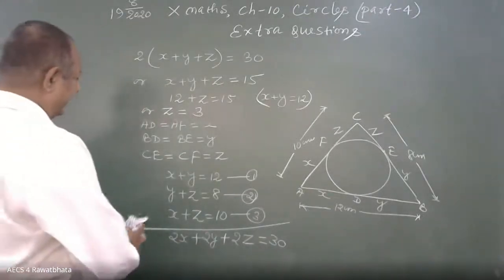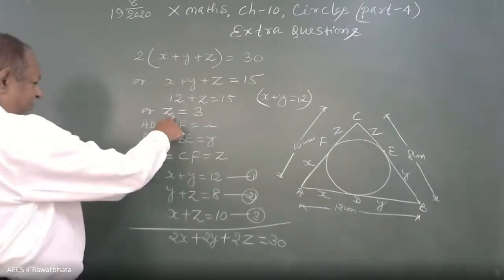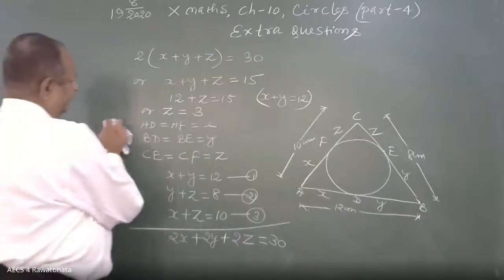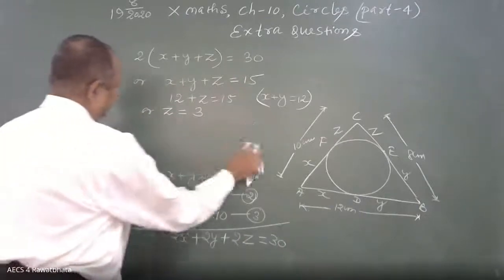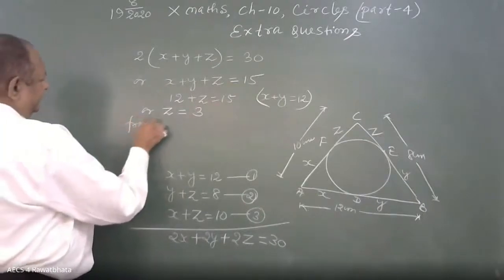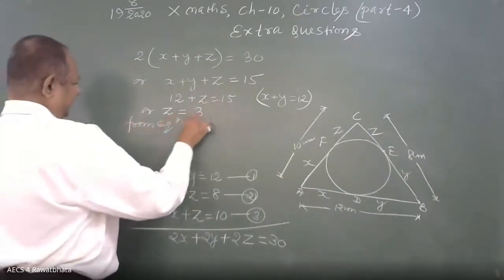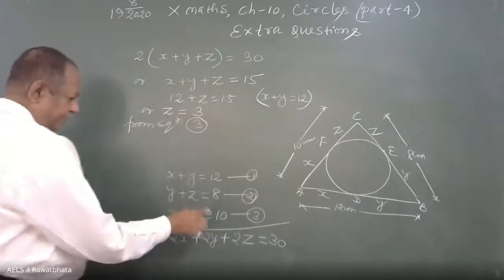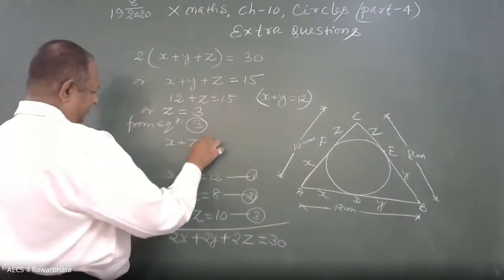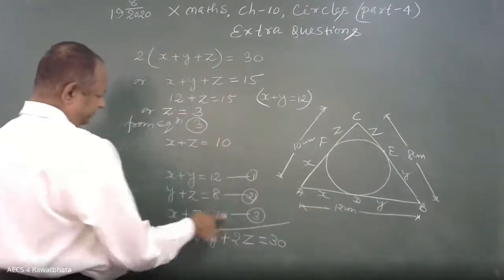Now, when z is known, from equation 3 we have x plus z is equal to 10.